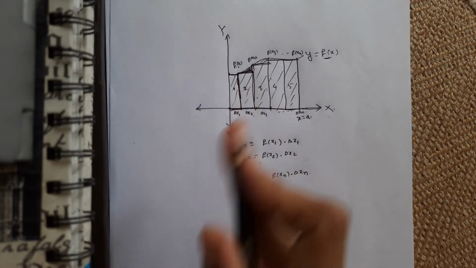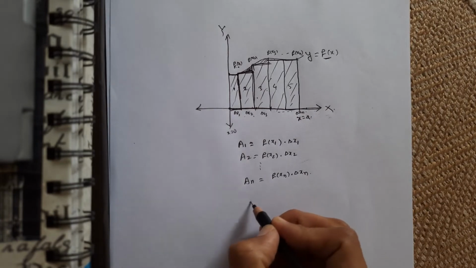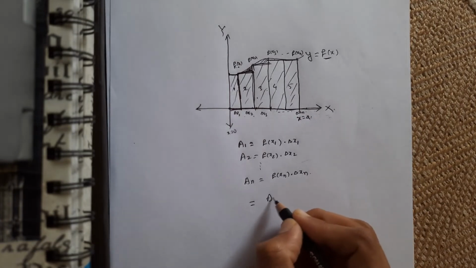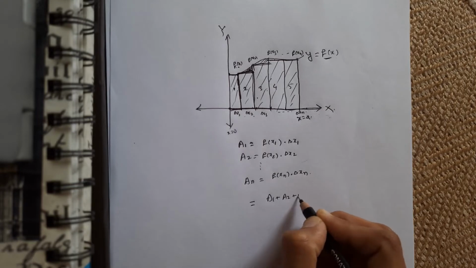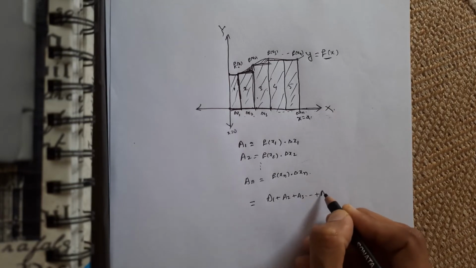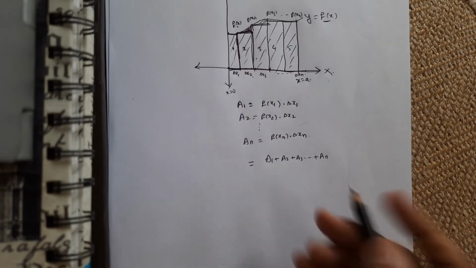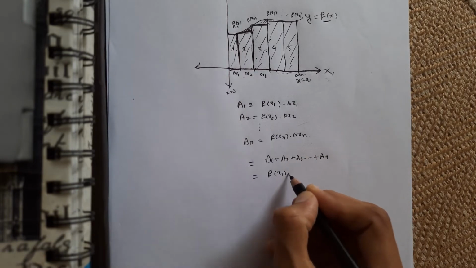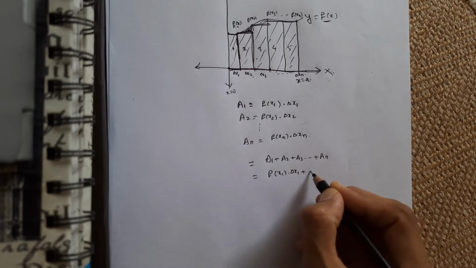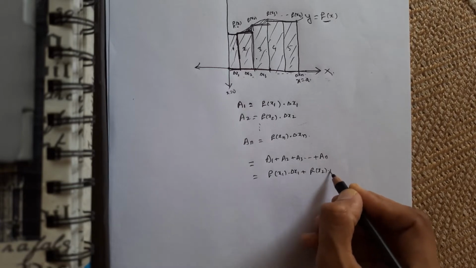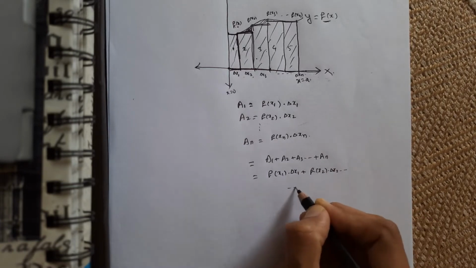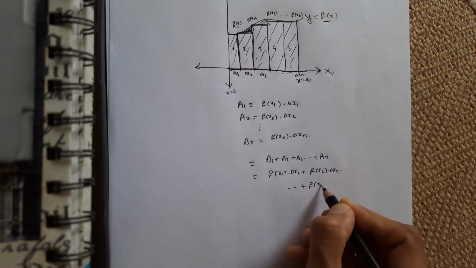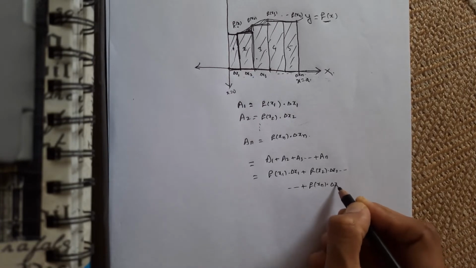So the total area under this curve will be given by a1 plus a2 plus a3 up to an. Simply it will be f of x1 into delta x1 plus f of x2 into delta x2 plus up to f of xn into delta xn.